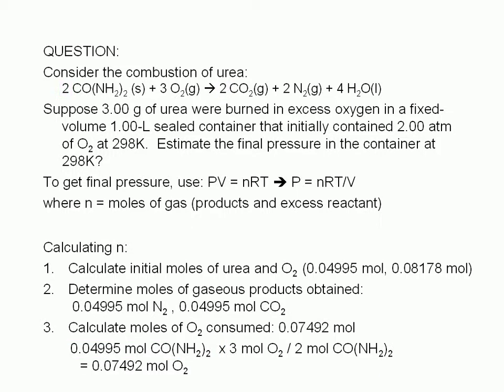To calculate the amount of oxygen consumed, we multiply the amount of urea consumed by the mole-to-mole ratio of oxygen to urea. According to the balanced equation, 3 moles of oxygen are consumed for every 2 moles of urea. This gives us 0.07492 moles of oxygen.